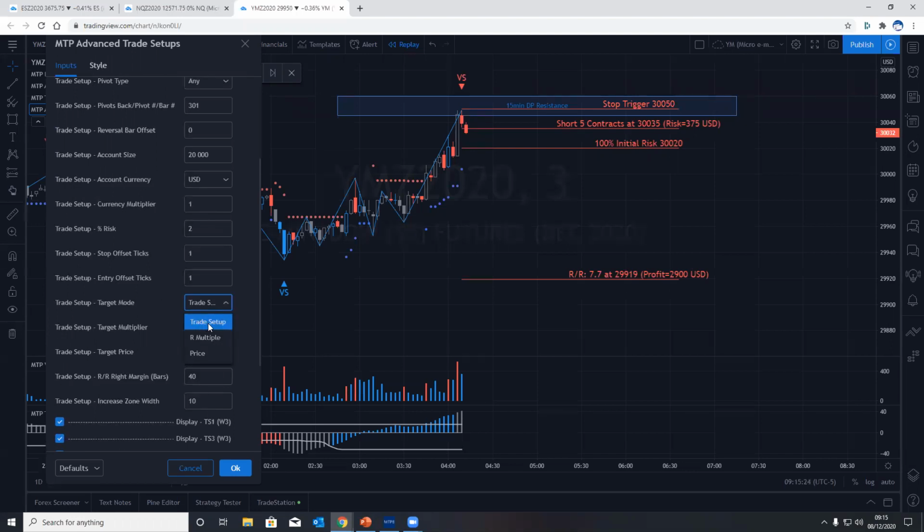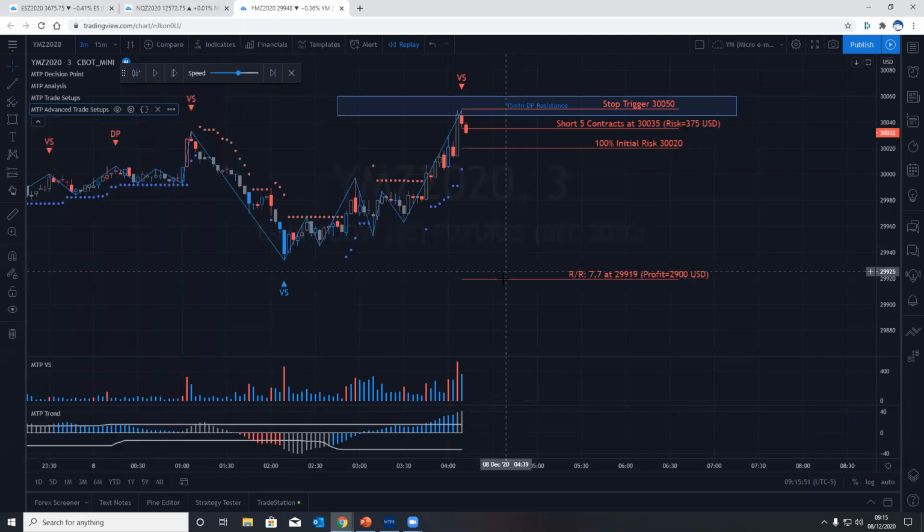It gives us the ability to say the trade setup target. So that's the default. In other words, it will come to the level of where your target is. You can also do this at an R multiple, if you have a 2.5 or whatever R multiple you wish, or you can put in a set price for that target to be as well. But we want it initially just to be at the trade setup level, but it calculates that for you.